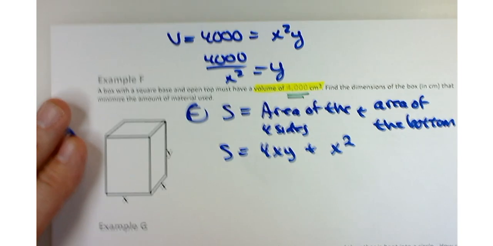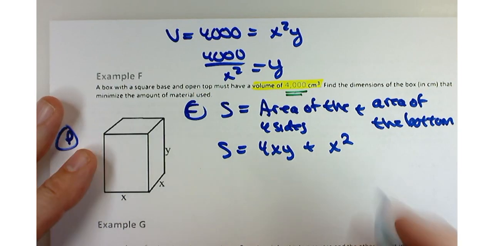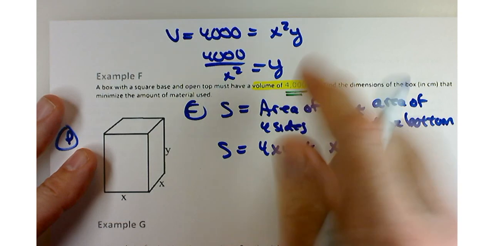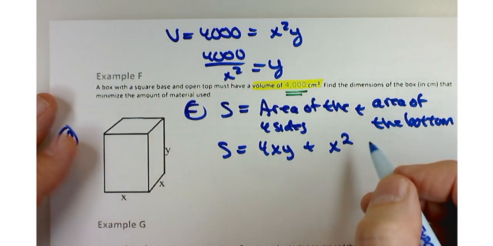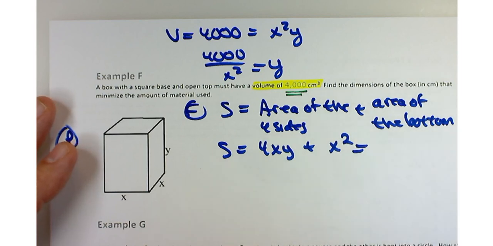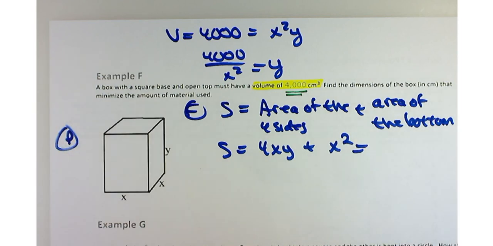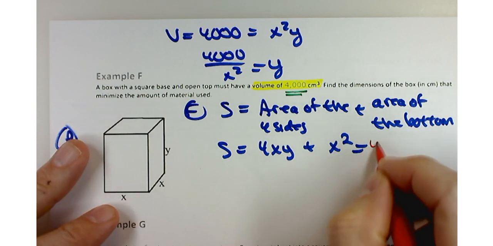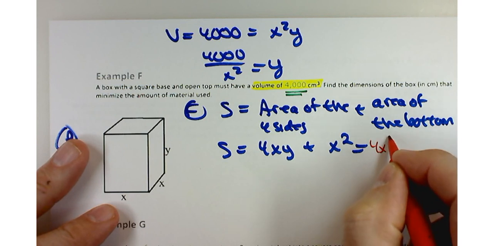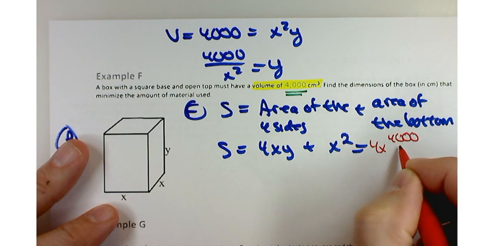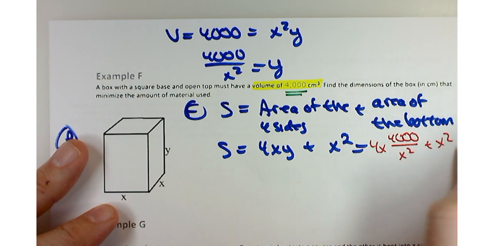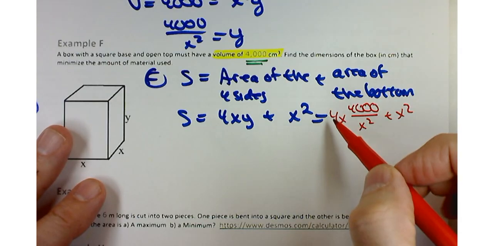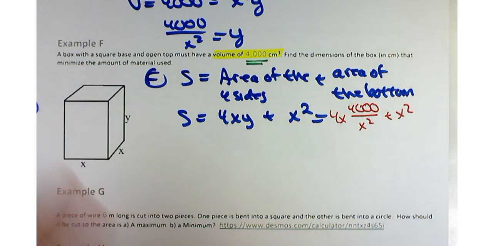And I could plug that into my equation here. And let's see, one of the x's will cancel. Let's just do that. So it's going to be 4x times 4,000 over x squared plus x squared again. I'll end up with 16,000 over x, or I'm going to write it as 16,000 x to the negative first.